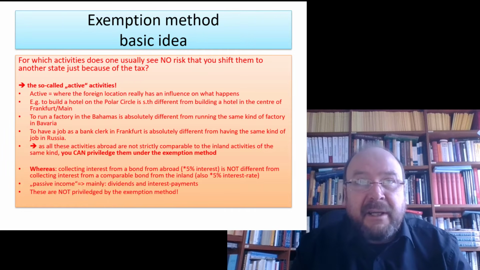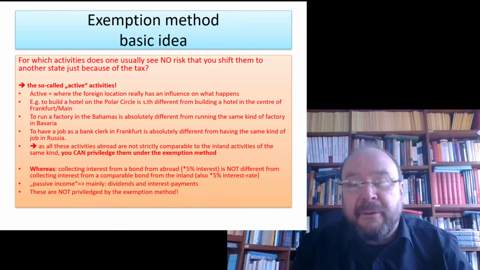That explains why probably all over the world you will never find, in all probability, the exemption method granted for interest income. It's far too dangerous. Imagine the gross interest rate is 4% before tax. Now imagine Germany takes 25% tax on interest, so 3% net would remain. But now imagine there is another country which only takes 20%.